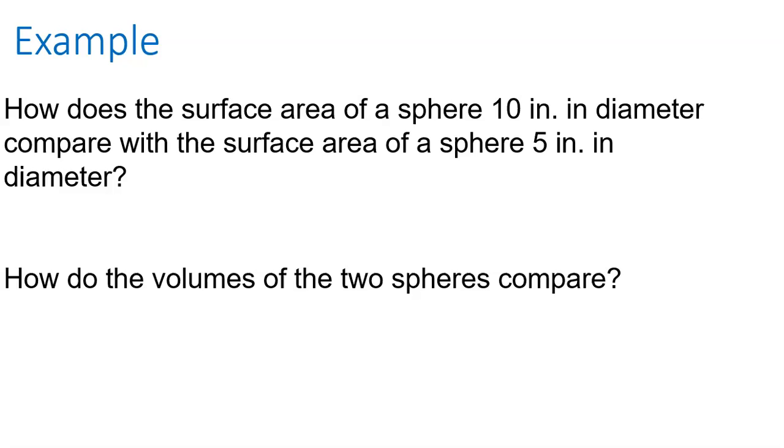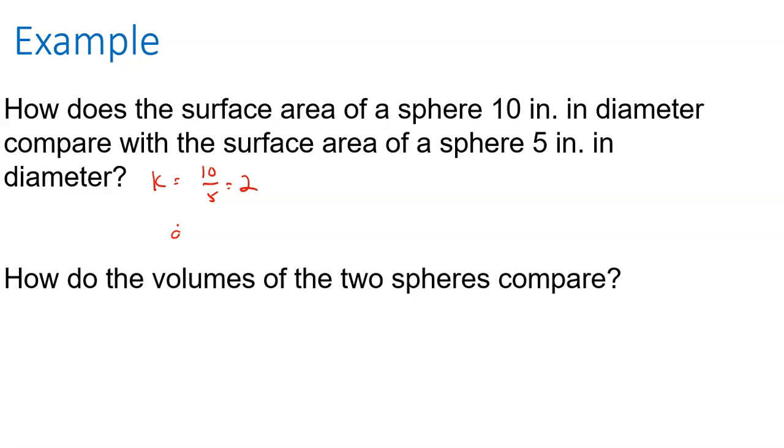All right, let's take a look at another one. Surface area of a sphere that's got a 10-inch diameter, surface area of a sphere with a 5-inch diameter. Do I need to actually calculate those surface areas? No, I don't. What do I know? I know that the ratio between them is going to be 10 to 5, which is 2.